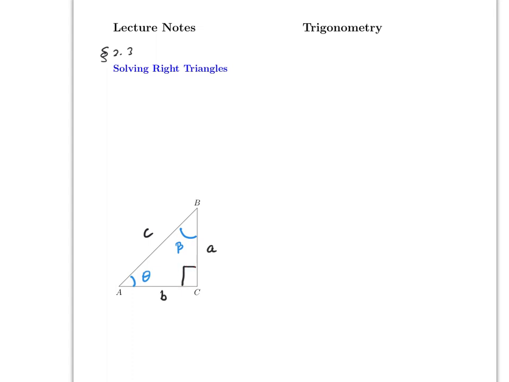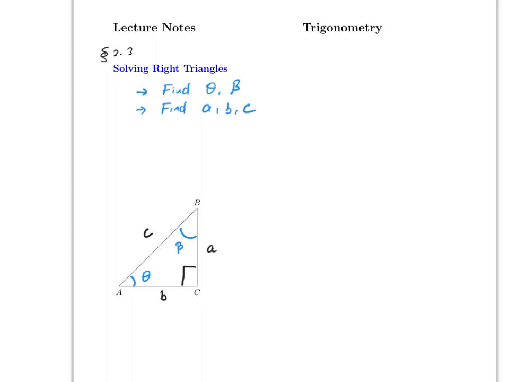Of the 6 pieces of information, 5 are the ones that you may need to find. So when it says to solve a right triangle, this means to find theta and beta, and also to find A, B, and C.